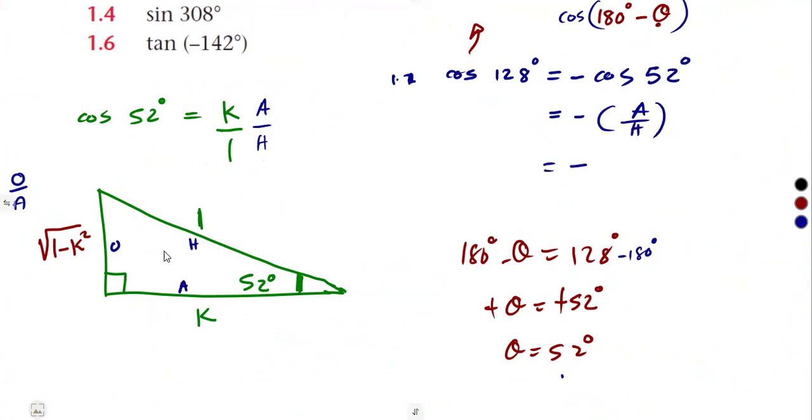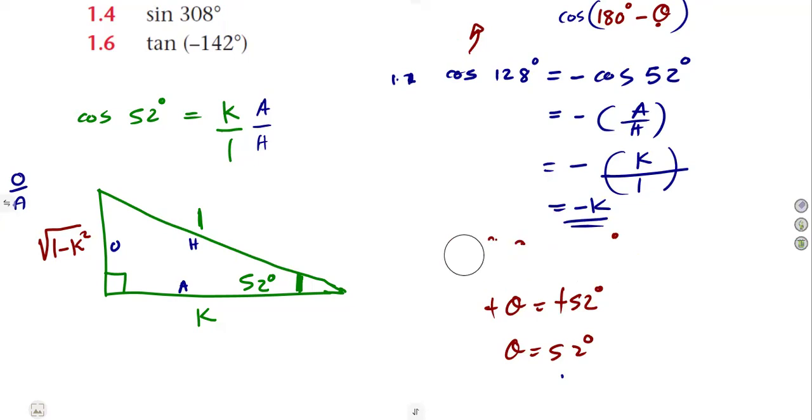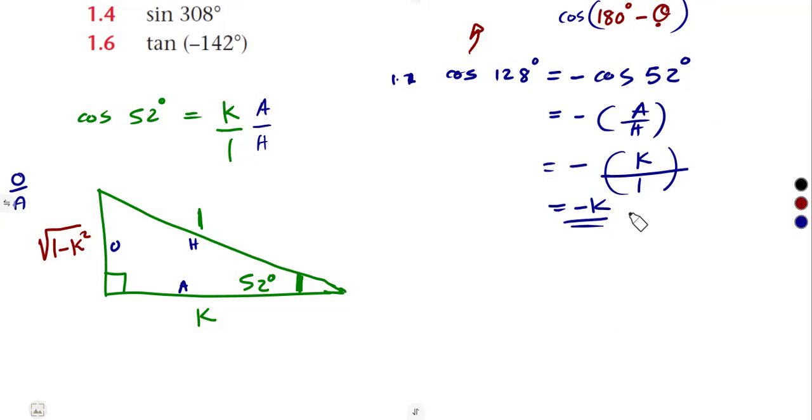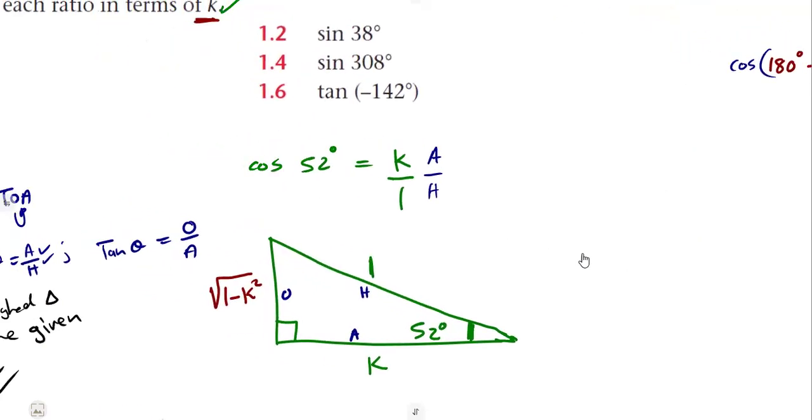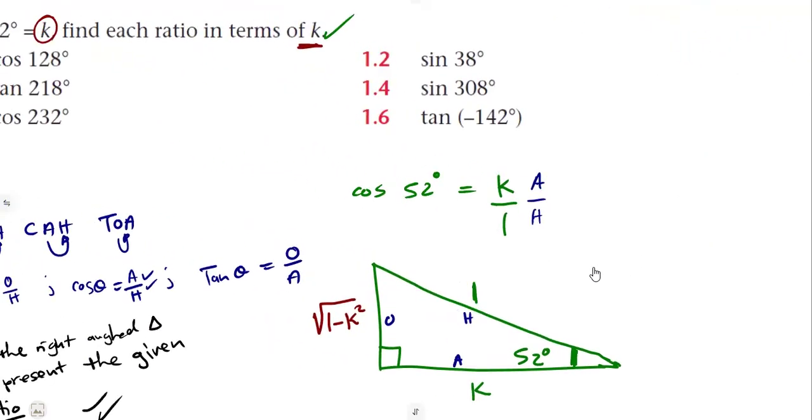Our adjacent is K, and our hypotenuse is 1. So minus K over 1 is just minus K. Just like that. So the reduction plays a role first, then you apply the ratio according to the triangle. Reduction first, the numerical reduction, and we substitute the algebraic part at the end.